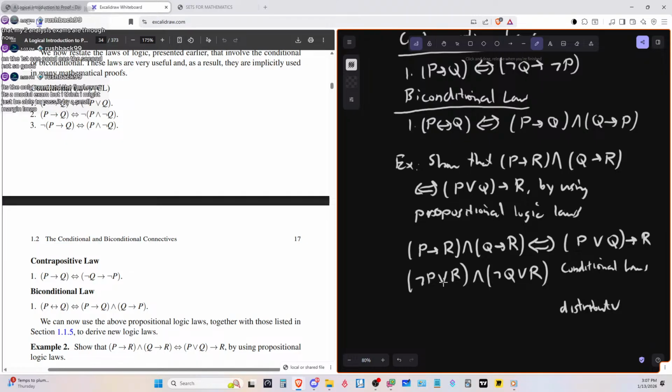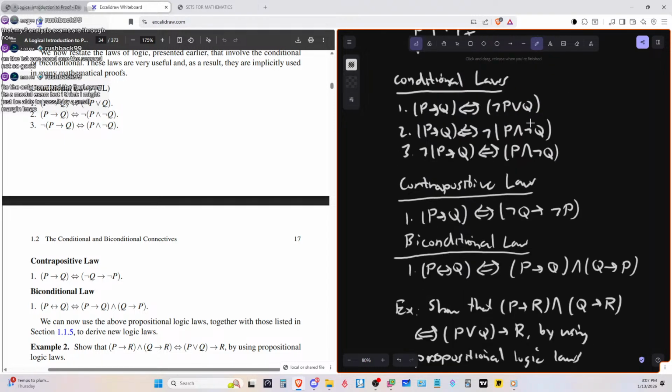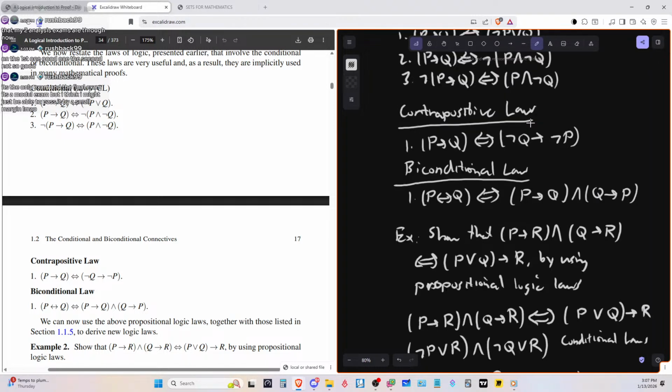So I'm trying to figure out how do we do this, because I think it would be P and not Q, and it would be or R. Okay, so that would be the distributive law. I think.